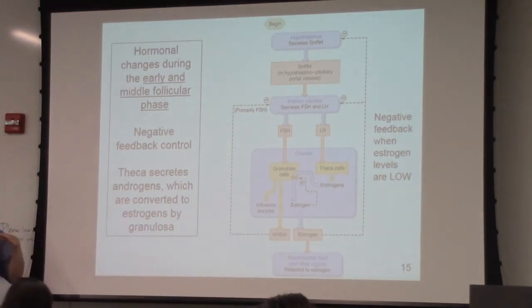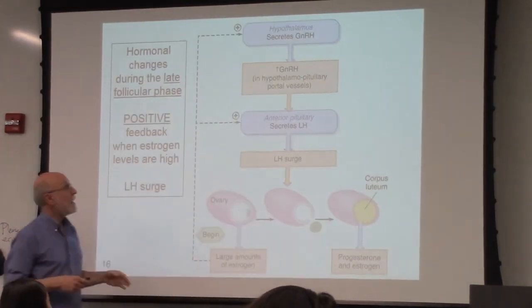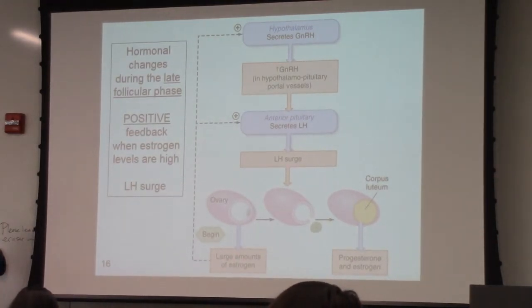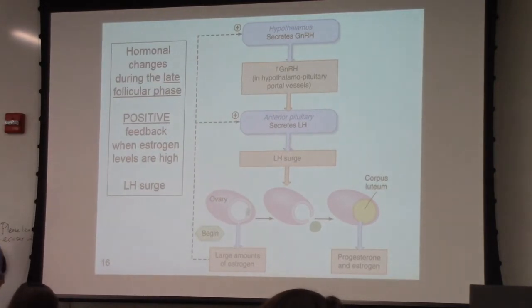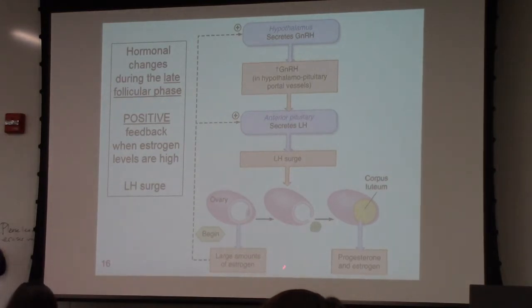There is a tipping point at a concentration of estrogen at which, because the follicle is now large and fully developed, the theca of the follicle is producing a lot of androgen. That lot of androgen is being converted by the granulosa into a lot of estrogen. When estrogen levels get high, and this is always the strangest part, the negative feedback that was happening previously by low levels of estrogen now gets converted into positive feedback.